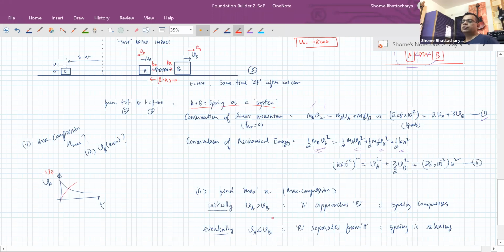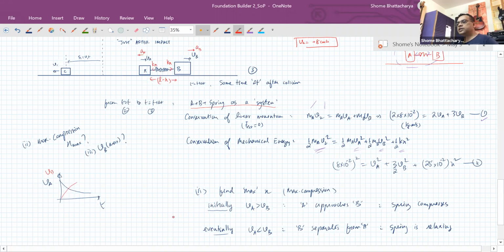Yes, sir. Because just imagine you're sitting on A. So initially it will look like B is coming closer to you because they are approaching each other. But after some time, B is again going back away from you. So at the moment when B came closest to you, it should look like it's come to rest momentarily. So that means relative velocity should be 0. That means in the ground frame, what should be the velocity? It should be equal.